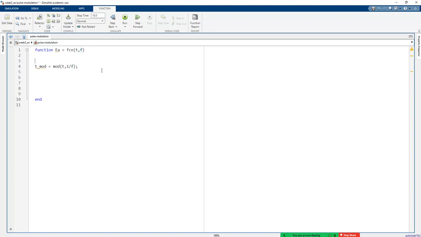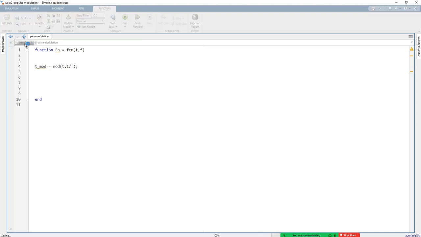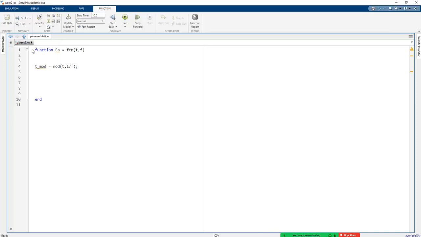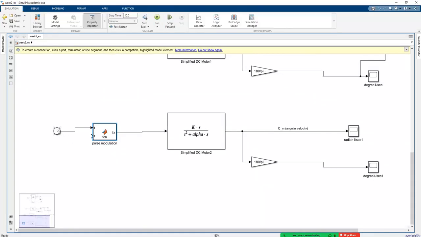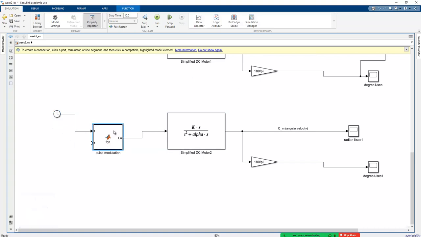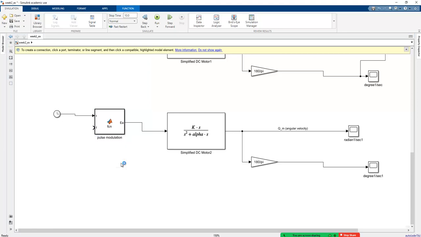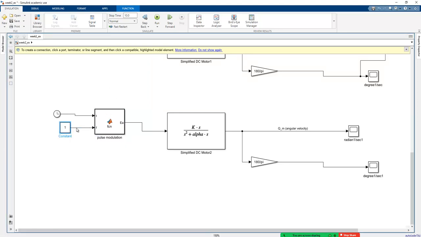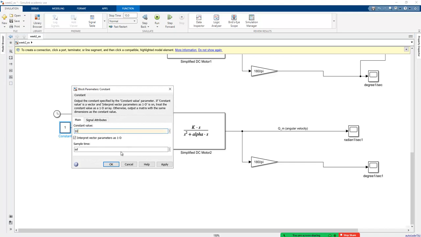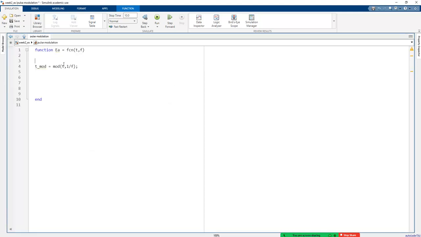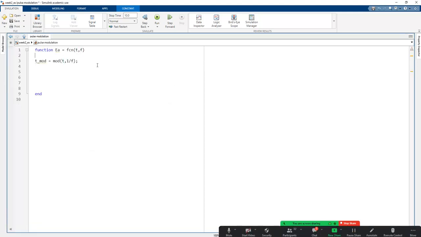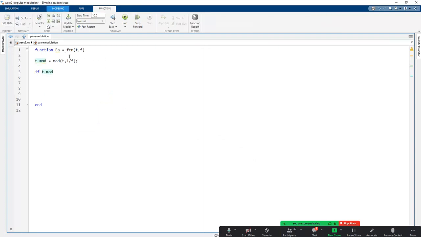Then we can add the frequency value as a constant here, for example 10 hertz. Also we can generate the T mod signal here. For example, if we are using 1, this T mod always produces a 0 to 1 value.